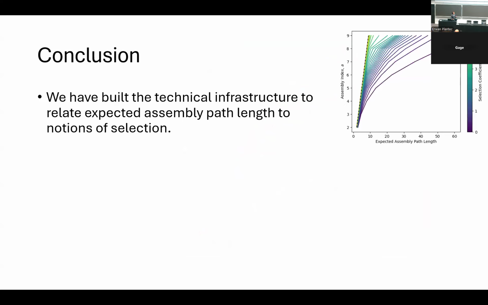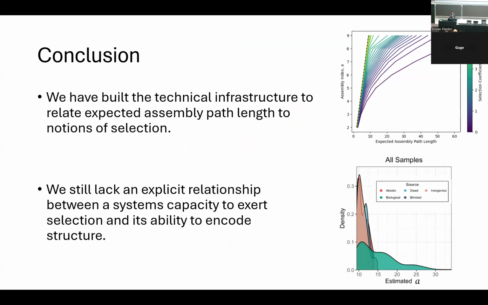We have the technical infrastructure to relate selection to expected path length, but what we're still trying to build is some way to relate a system's capacity to exert selection to its ability to encode structure. That's the sort of thing that would build an explanation for this.